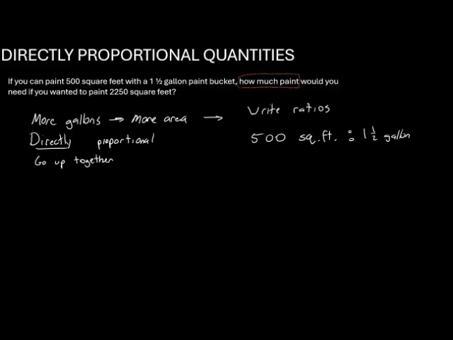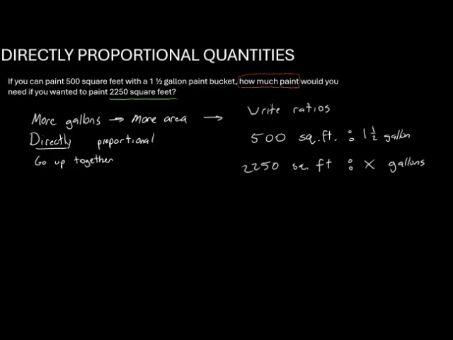This means we have something that's unknown in our other ratio. We are also told that we want to paint 2,250 square feet. This means when we write our other ratio, we know the square feet. So we'll write that first because we wrote square feet first in the first ratio. Then we'll put a colon, and then we'll put an unknown number of gallons.